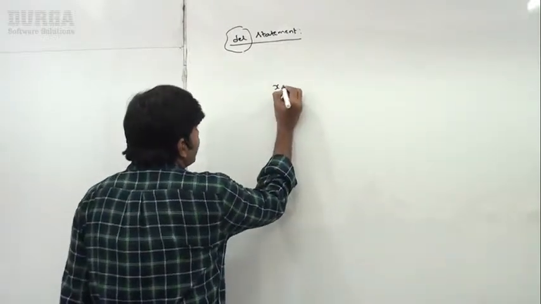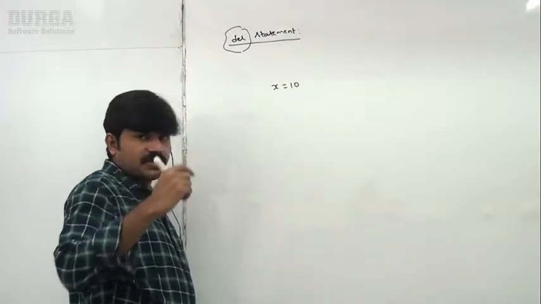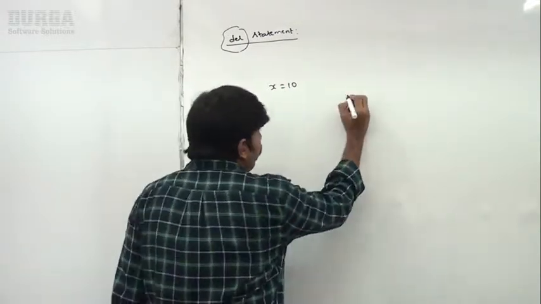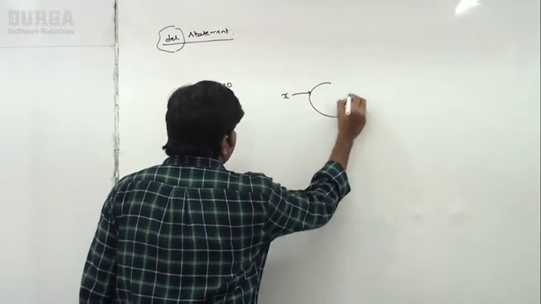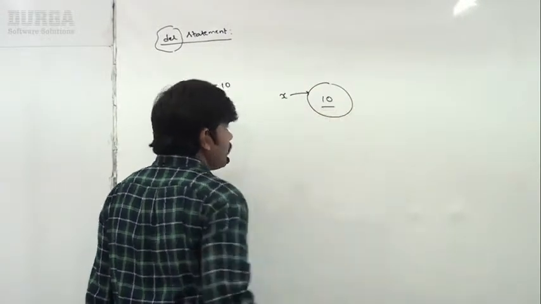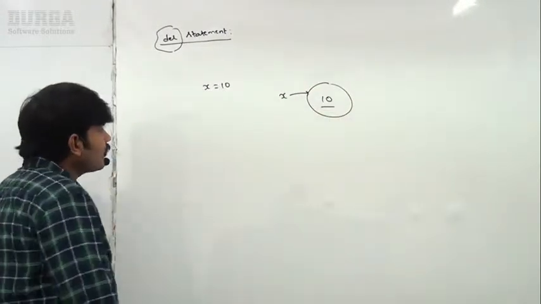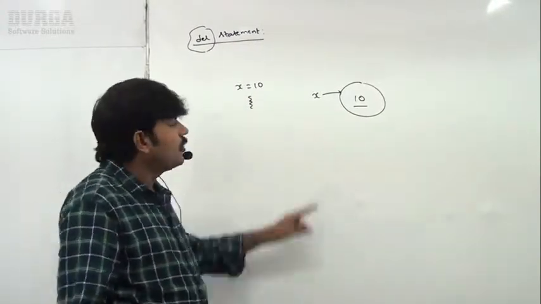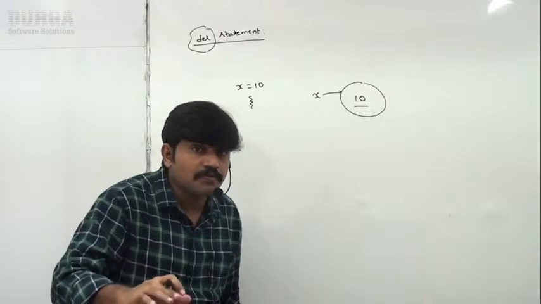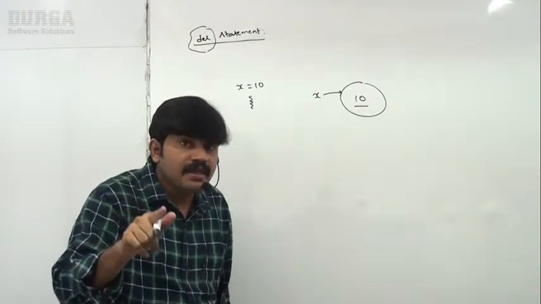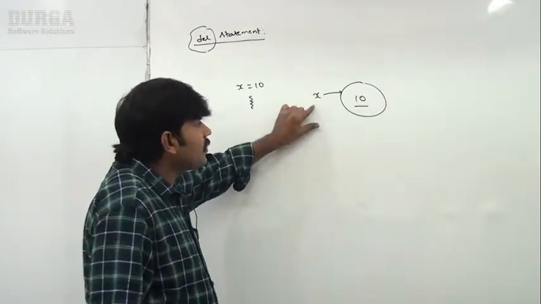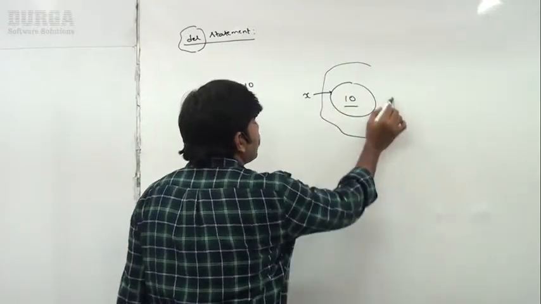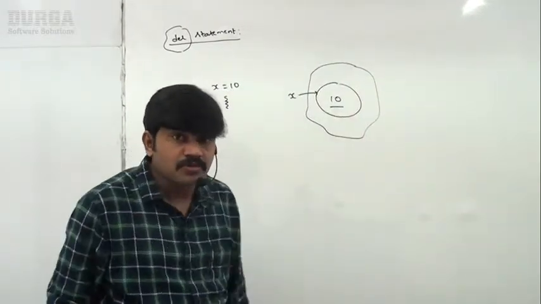For which purpose can we use this? Suppose I take x is equal to 10. In Python, everything is an object only. Now x is a reference variable pointing to object 10. After using this variable x, if it is no longer required, and we are not deleting this variable, then the corresponding object will stay in memory, so unnecessary memory is going to be wasted.